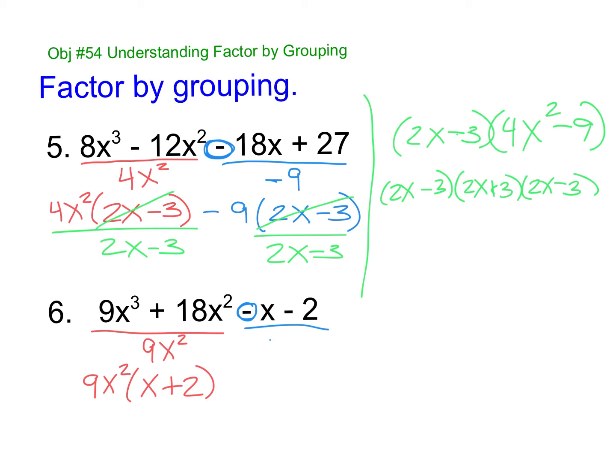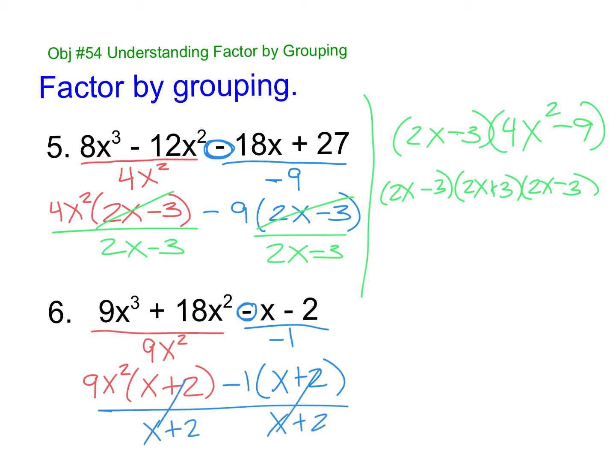So the GCF is just negative 1. So negative 1 and then x plus 2, making both of these have an x plus 2 in them. Cancel, cancel. So x plus 2, and then what are we left with? What's our other binomial? 9x squared minus 1.